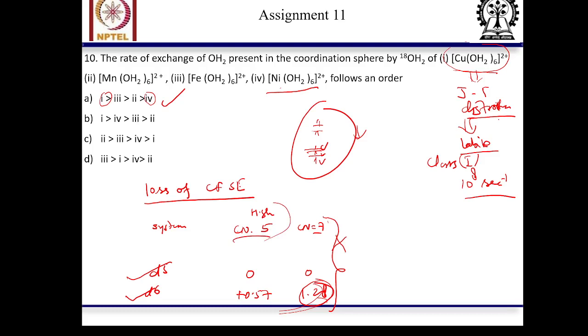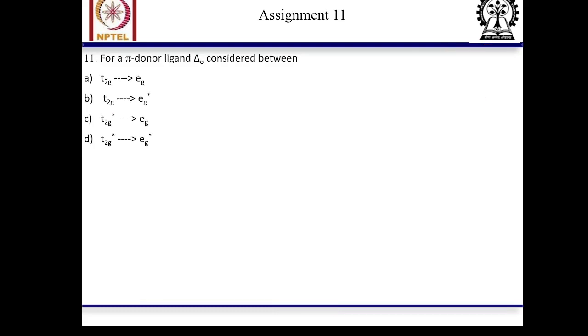If it is negative, it leads to stability and it will be inert. And if it is plus or 0, it is basically towards labile. So that's the way you have to find out the correct answer for this question. Okay.